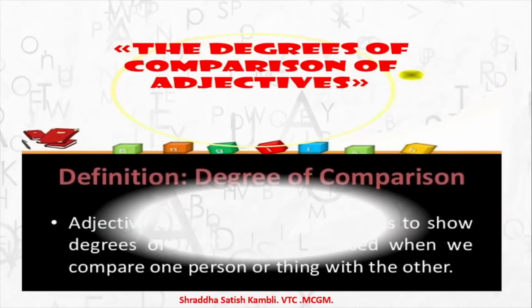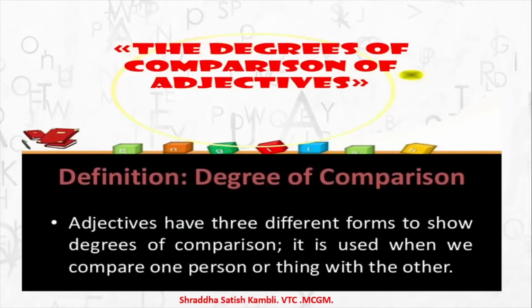So see, the definition of degree of comparison is: adjectives have 3 different forms to show degrees of comparison. So any adjective can take 3 different forms. Okay? And when do you use these 3 different forms? When we want to compare one person or thing with the other.